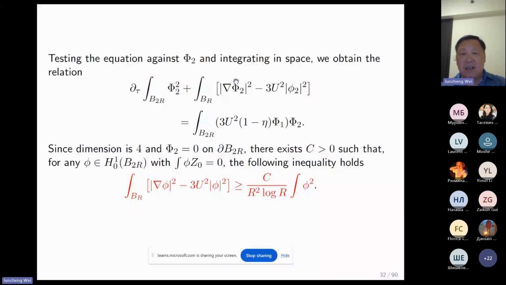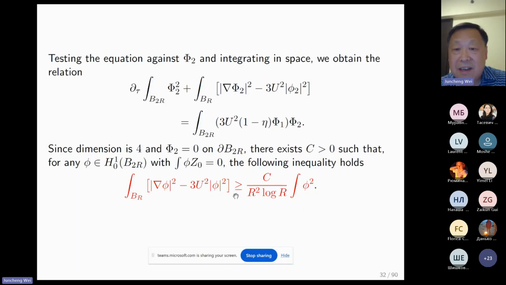We don't know whether or not it's positive, and how positive it is. Since the dimension is 5 and phi equals 0 on the boundary, you can show that this quadratic form is coercive.